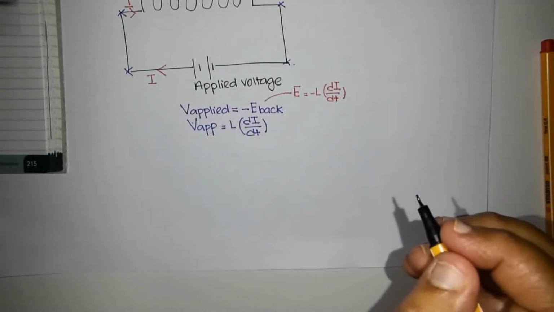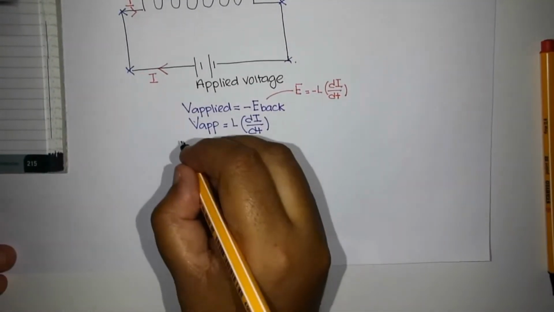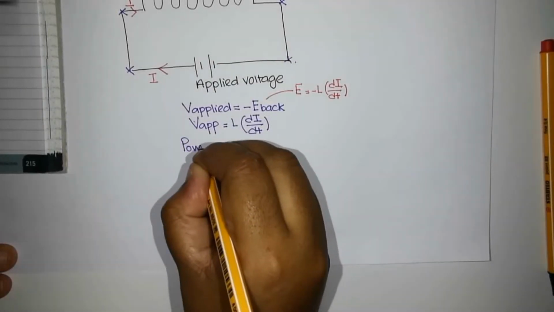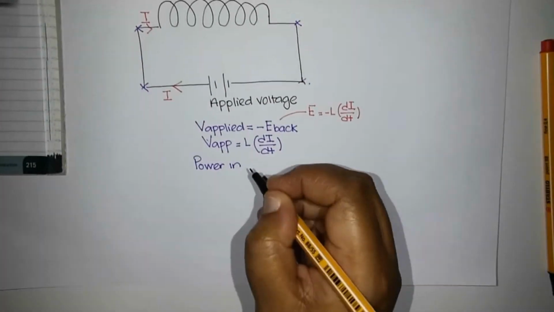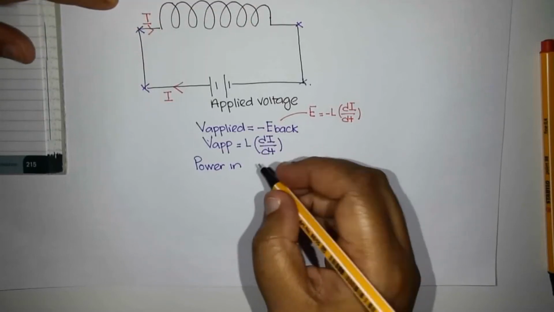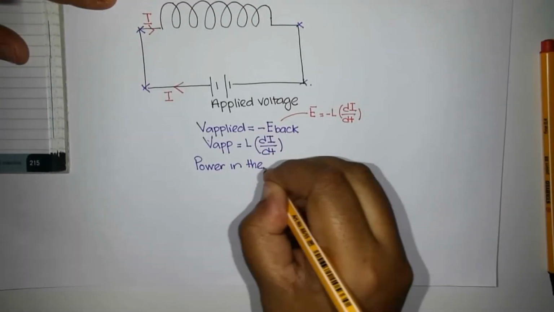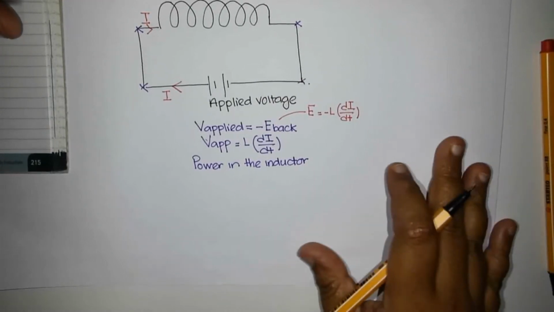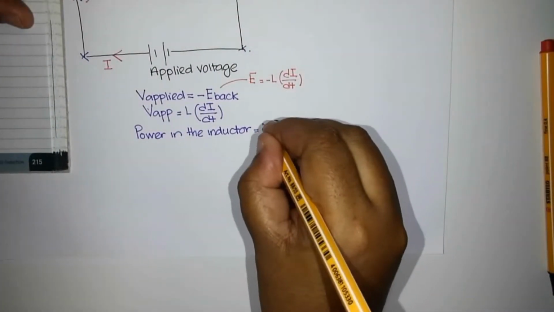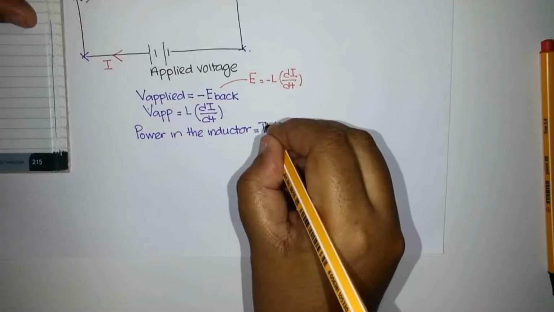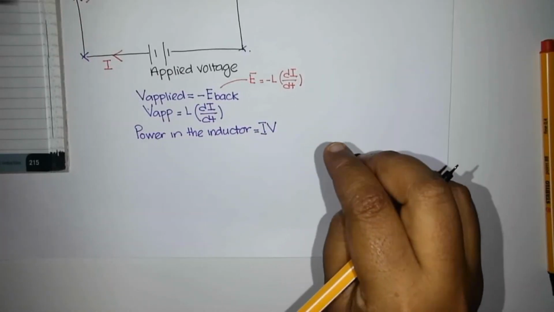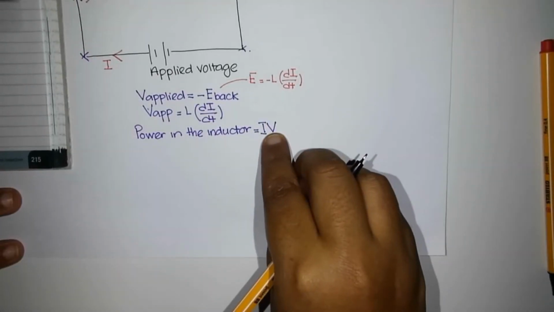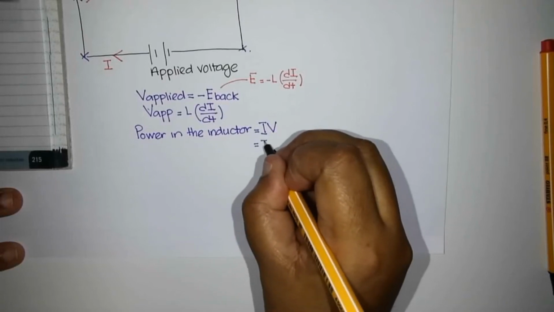Now we want to calculate the power in the inductor. Power in the inductor is equal to IV, current times voltage. So with the applied voltage, what is V?